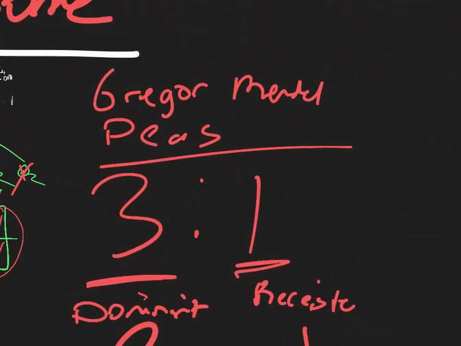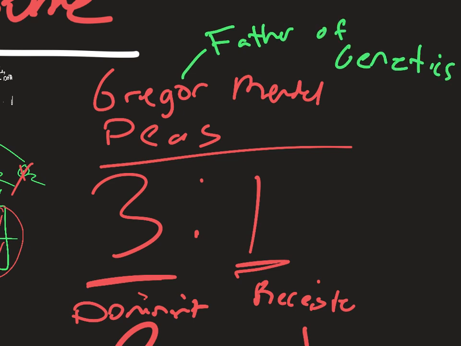The person who is what we call the father of genetics is Gregor Mendel. Gregor Mendel studied peas in a monastery garden. And he studied the shape of the peas, the color of the peas, the flower color, the height, all these different possibilities.